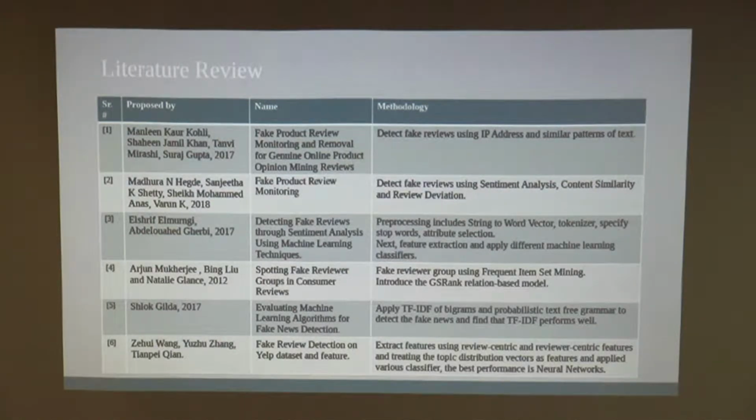They identify the IP address and similar patterns of the text, and others use sentiment analysis or orientation to see if the review is positive or negative.